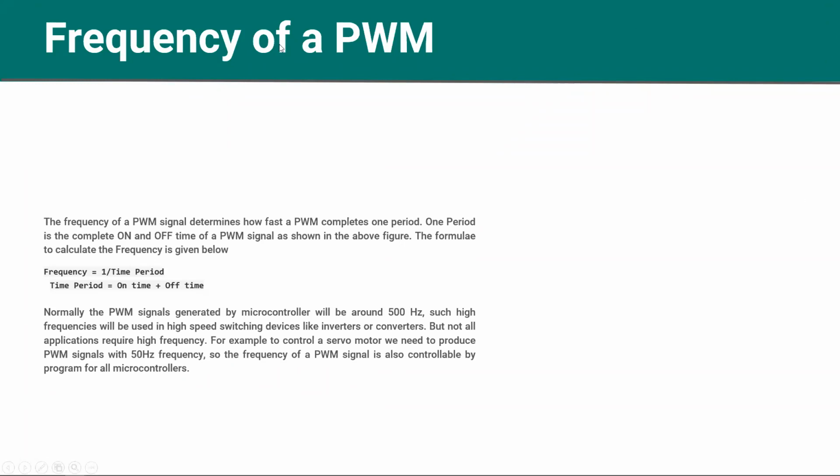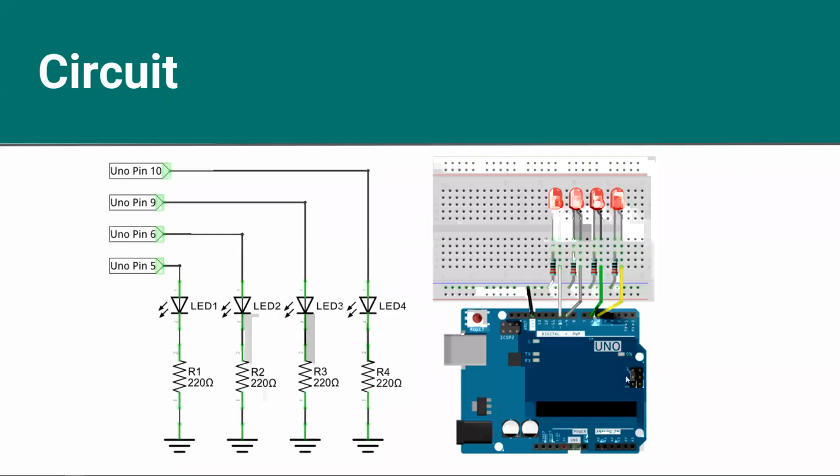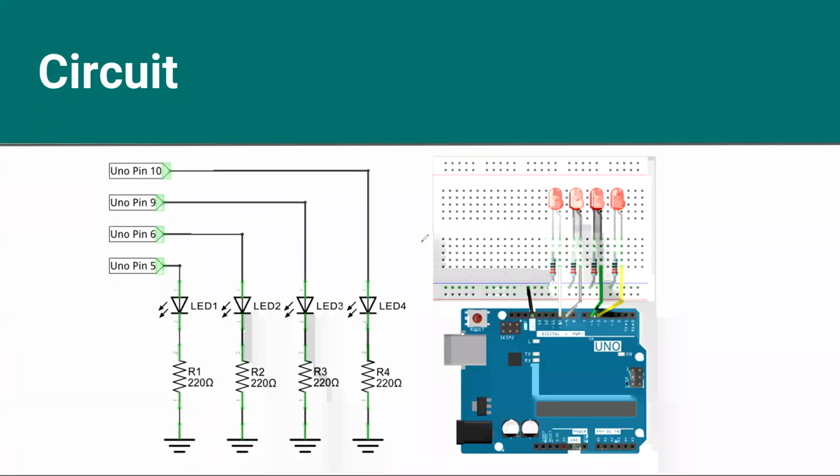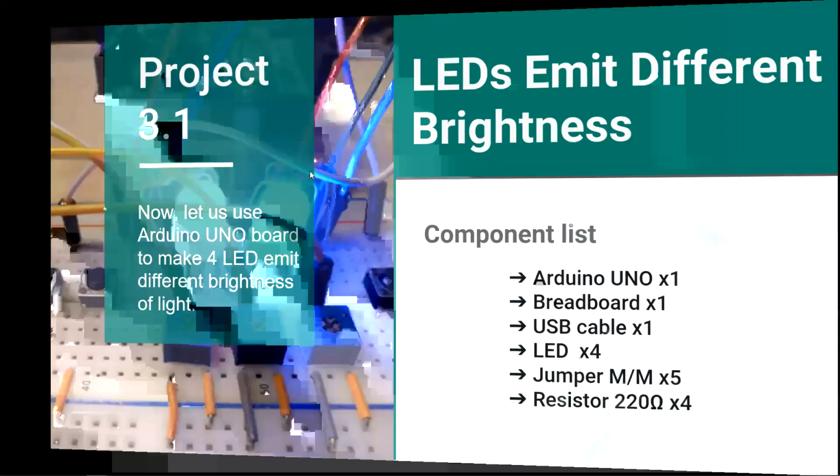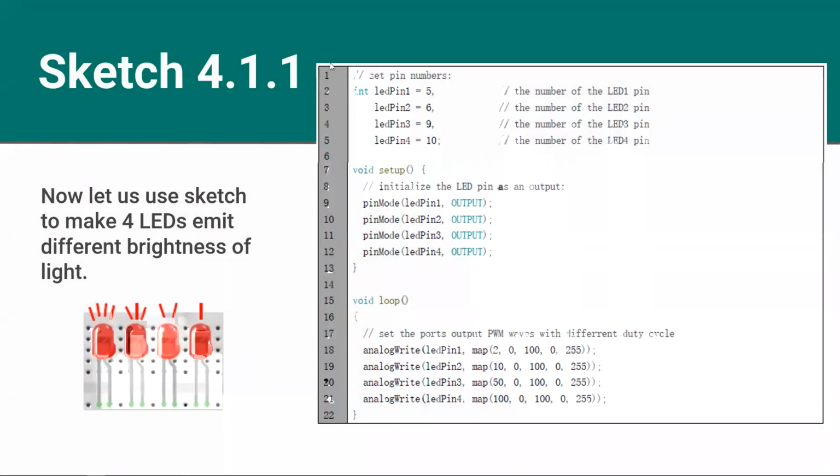So the basic idea you should have, I'm going to say that once again. If we are having an LED, the LED is fully on here, the LED is turned off here.